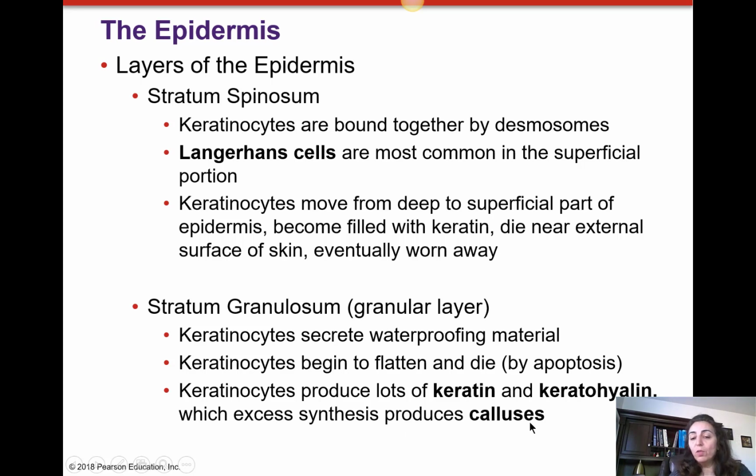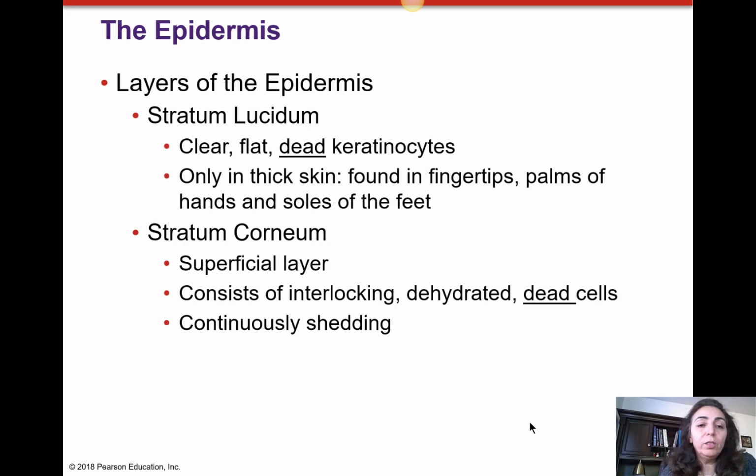When you have lots of this material over a part of the skin under continuous contact or friction, like if your job is hammering, those parts of the skin in contact with the hammer continuously for years make calluses, and that's because of this.